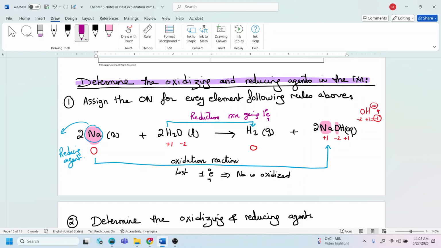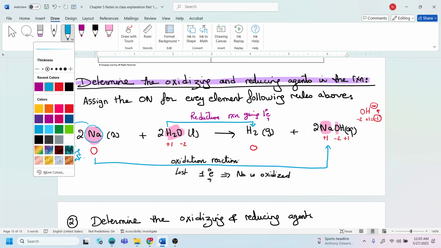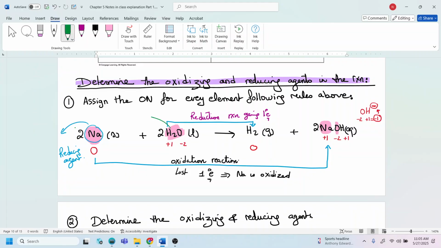So if hydrogen is gaining 1 electron in this case, then I would say that water is going to be my oxidizing agent. So this whole thing, all the water, is going to be my oxidizing agent in this case. So sodium is going to be my reducing agent, and water here is going to be my oxidizing agent.